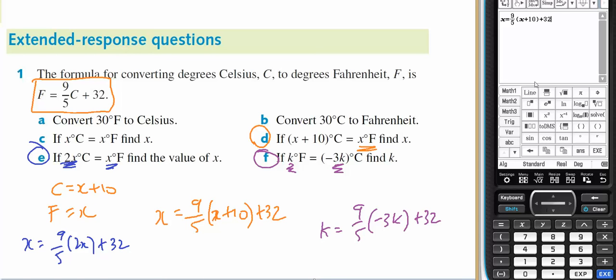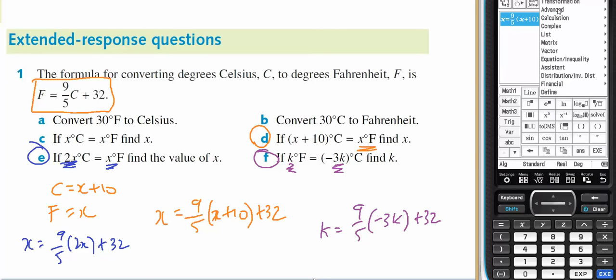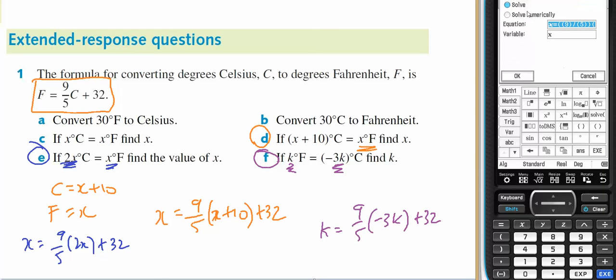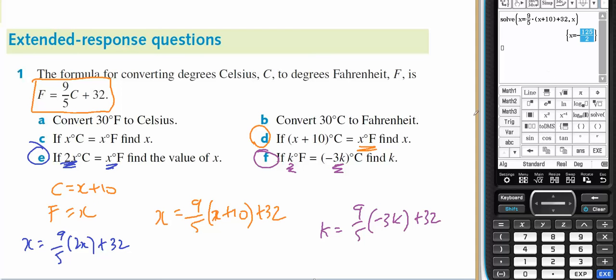And I'd like to solve that for X. So I'm going to select it, go up to interactive, advanced, solve for X, okay, and that's my value for X, negative 125 on 2.